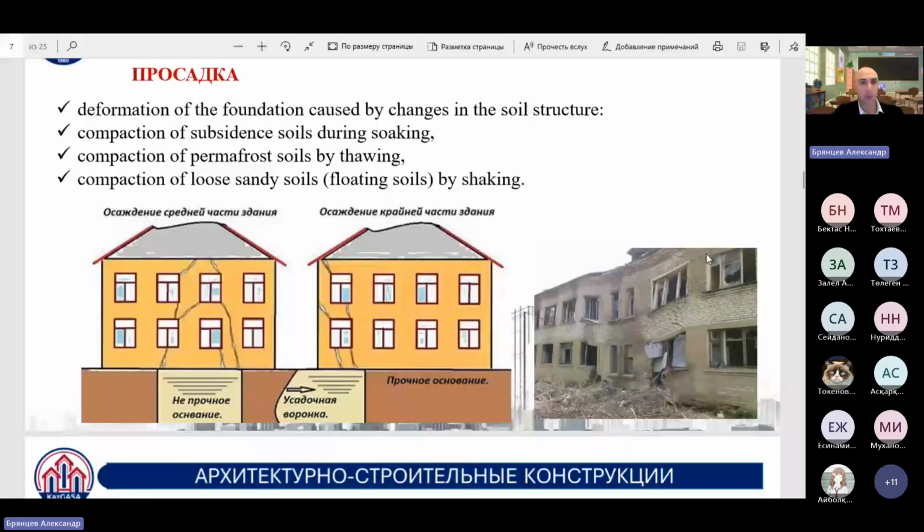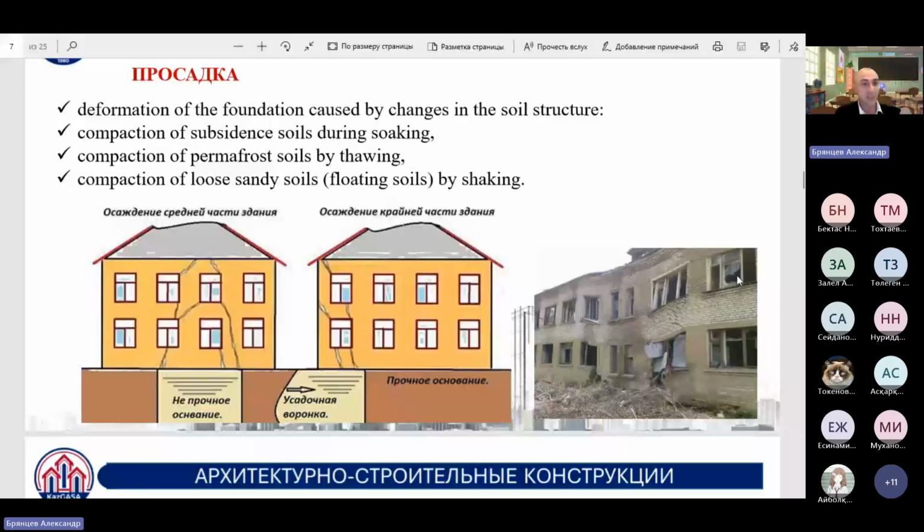Next one is compaction of loose sandy soils under vibrations. Under dynamic or seismic loads, such soils lose stability, and significant deformations can be found.